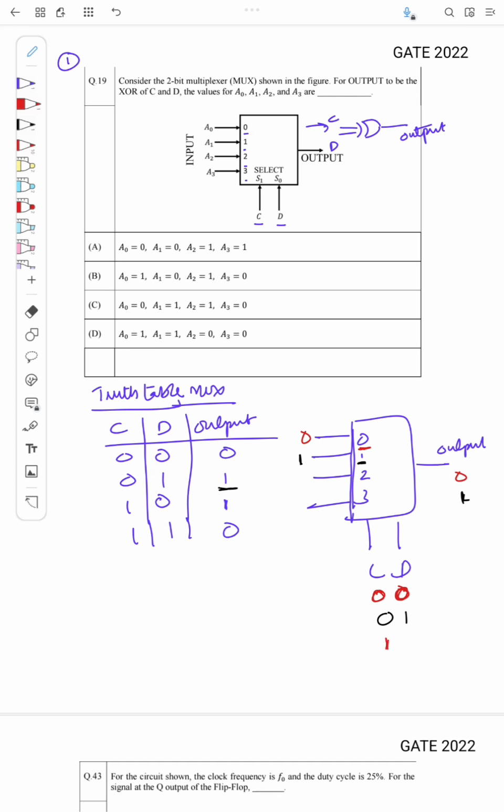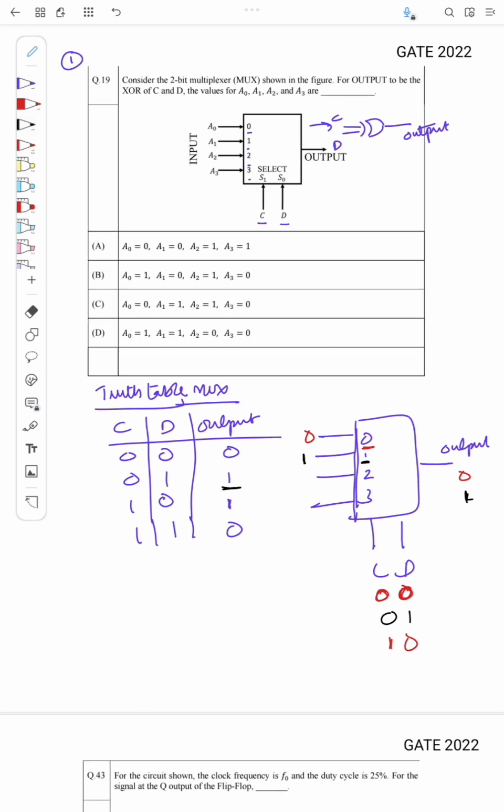Okay, similarly when the input is 1, 0, the output should be 1. Okay, and when the input is 1, 0, input 2 will be selected, so I have to set it here as 1, then only that input will come to the output. Similarly when the input is 1, 1, the output should be 0, and we know when the input is 1, 1, the input corresponding to pin 3 will be selected, right?